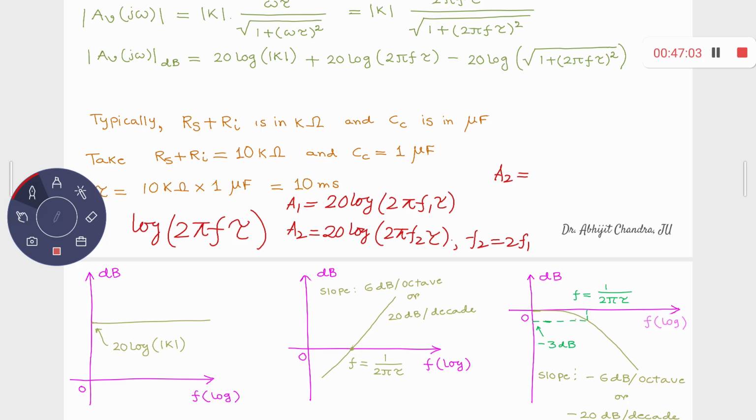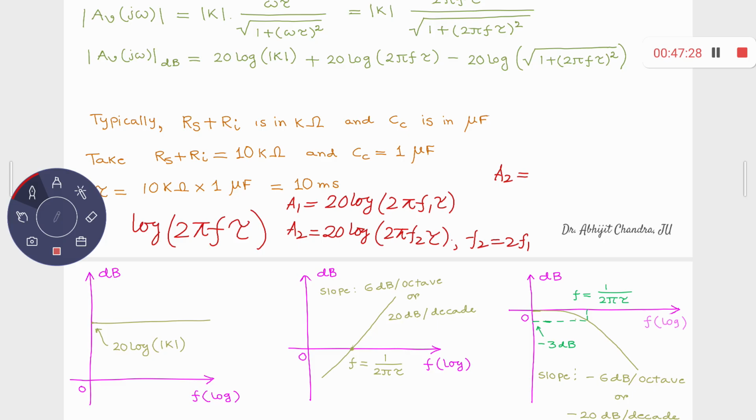Approximately 0.3. Then the rest part is the same. So if the frequency is magnified by a factor of 2, then A2 is becoming A1 plus 20 log 2.